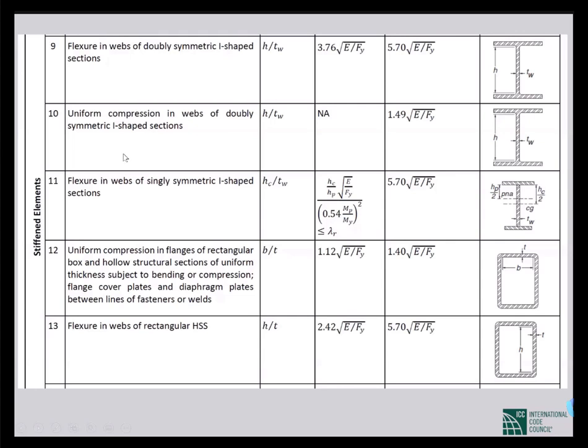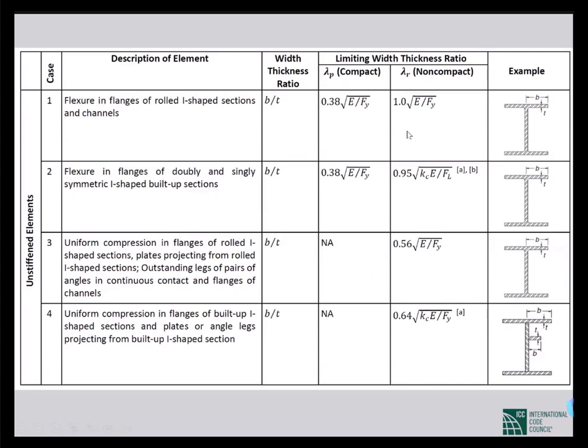I hope you'll remember this, and that will not cause any problem for you. But this is obvious. You can understand which one is stiffened and which one is not. For example, the web of item number 9 is supported by the two flanges on two edges. So this is stiffened. But in item number 1, the flange is supported only along the edge with the web.